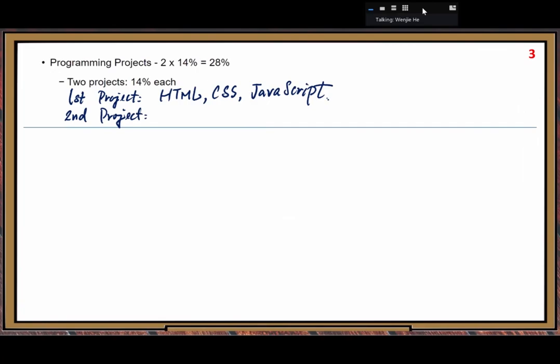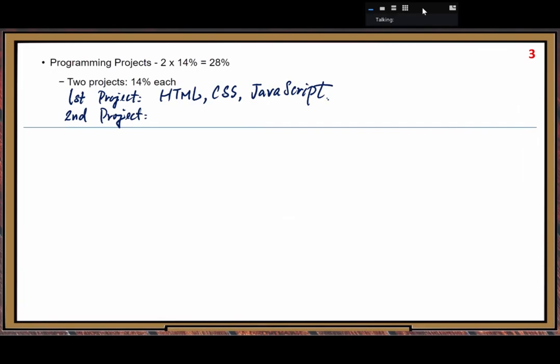Then we need to do some features for the tangram. We need to adjust the location. We need to do rotations, right? So a lot of features: drag and drop, rotations, move up, down, left, right. A lot of things we can do.